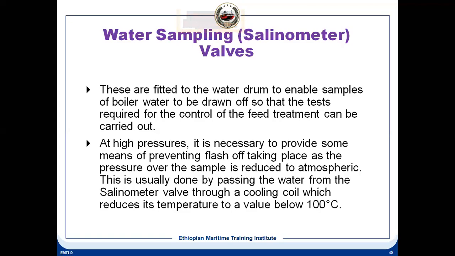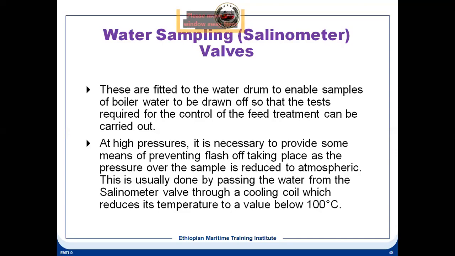That means part of the boiler water is constantly passing over the salinometer. In case, due to some reason, let's say some condenser is leaking, in a condenser the steam is cooled to become condensate water using seawater. So in case some tube inside the condenser is leaking and there is seawater ingress into the condensate side of the feed water, that means the salinity of the feed water is going up.